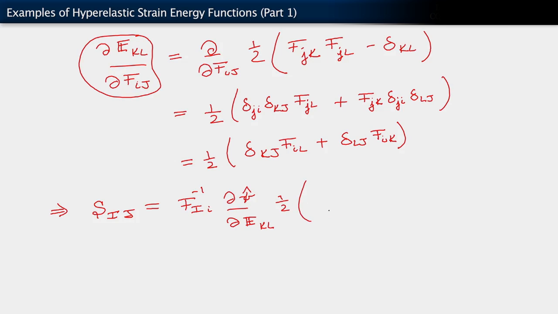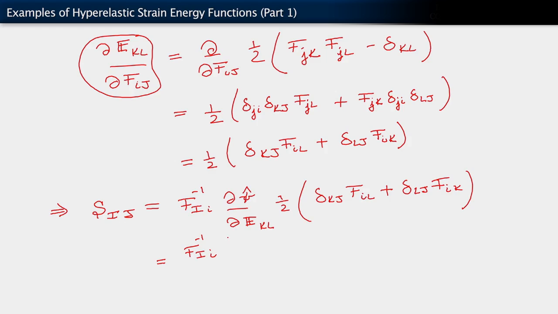So we have 1/2 delta Kj F_iL plus delta Lj F_iK. Okay, we're pretty much there now. All we need to do is very calmly let the Kronecker delta do its job. Okay, so we have f inverse I little i.